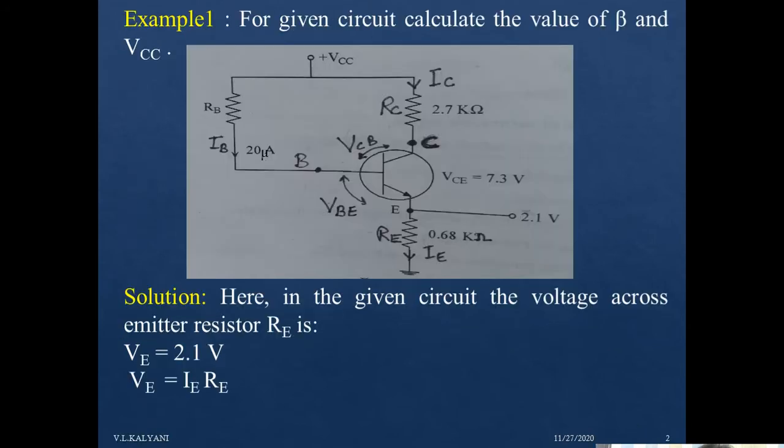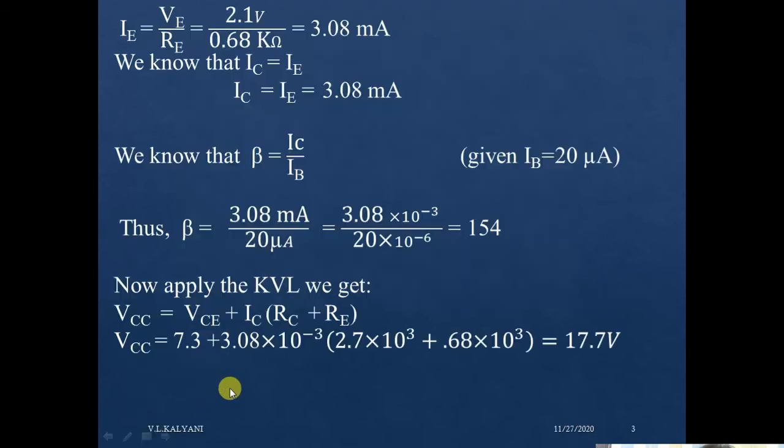As we know, VE is given, this is 2.1 volt, and VE is also equal to IE into RE. So calculate the value of IE, and this will be equal to VE upon RE.